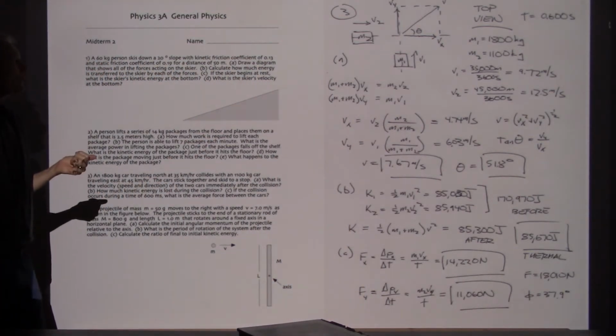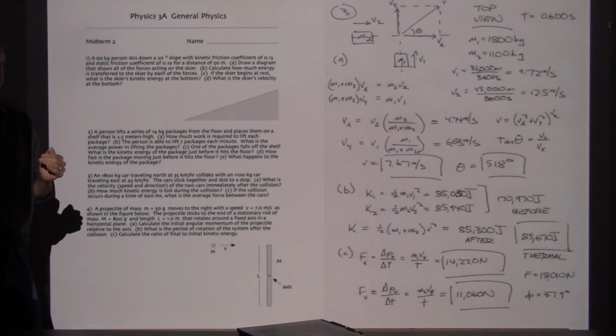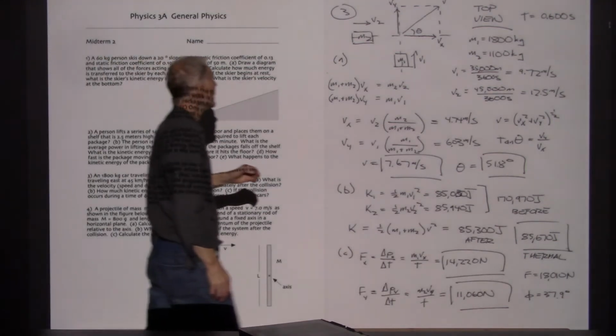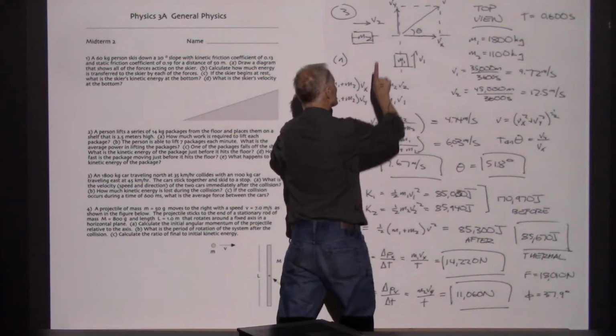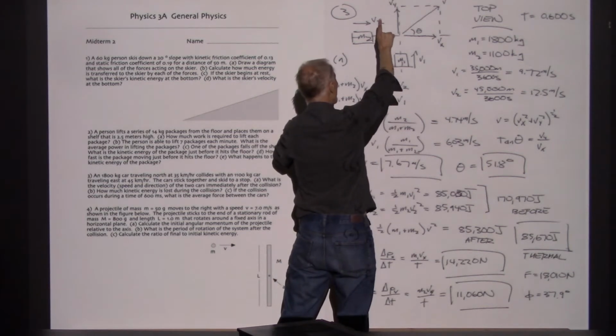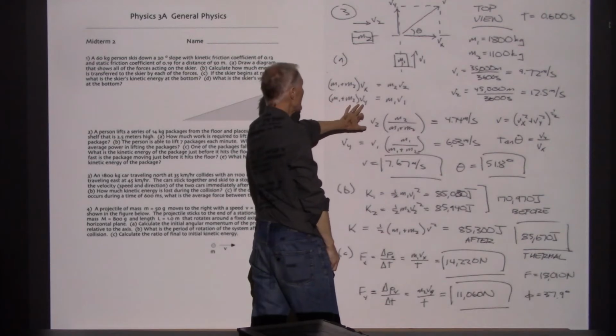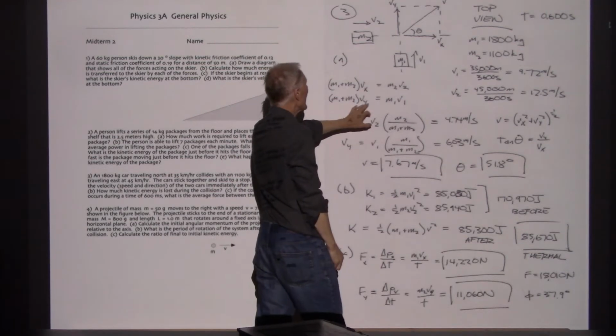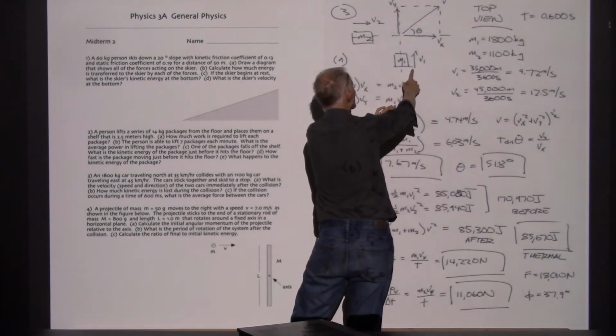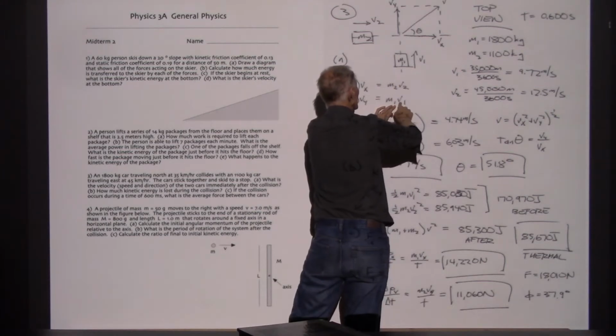Now in the y direction we have a very similar formula: the momentum after the collision in the y direction will be m1 plus m2 times vy, and that's going to equal the momentum from before, which is m1 v1.